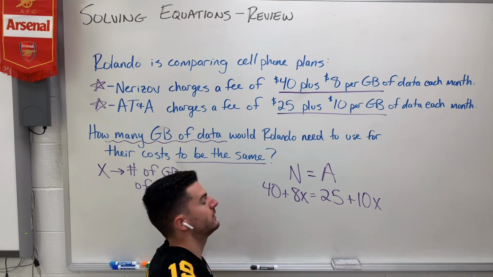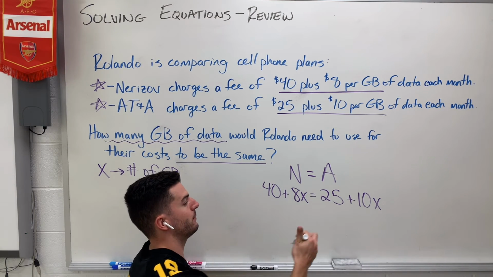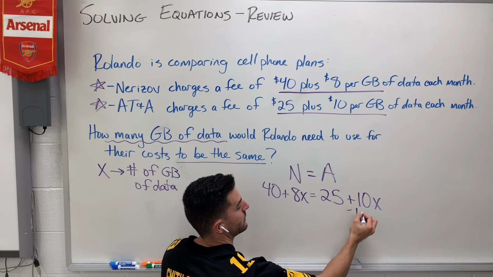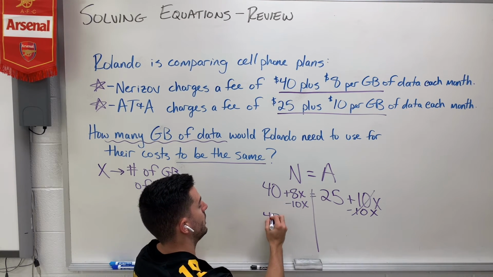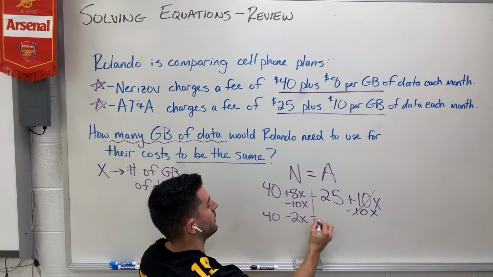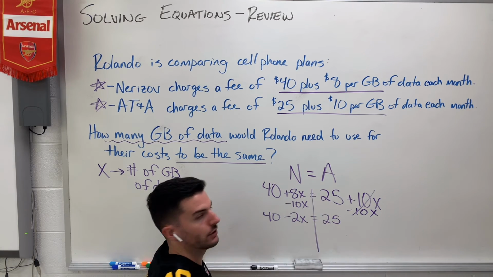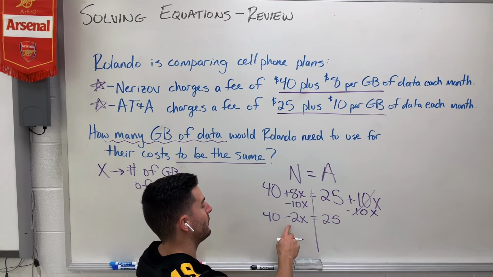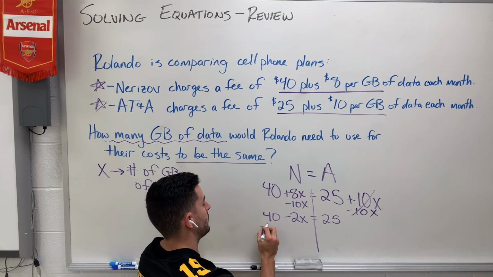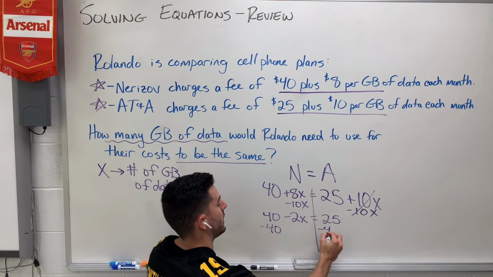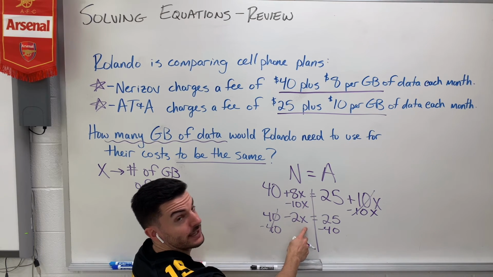Okay, so I'm solving this. I would minus the 10x from both sides, and I would be left with 40 minus 2x equals 25. You might be saying, how can there be a negative? It'll get worked out, don't worry. So minus 40 from both sides, because I'm trying to get this x by itself.